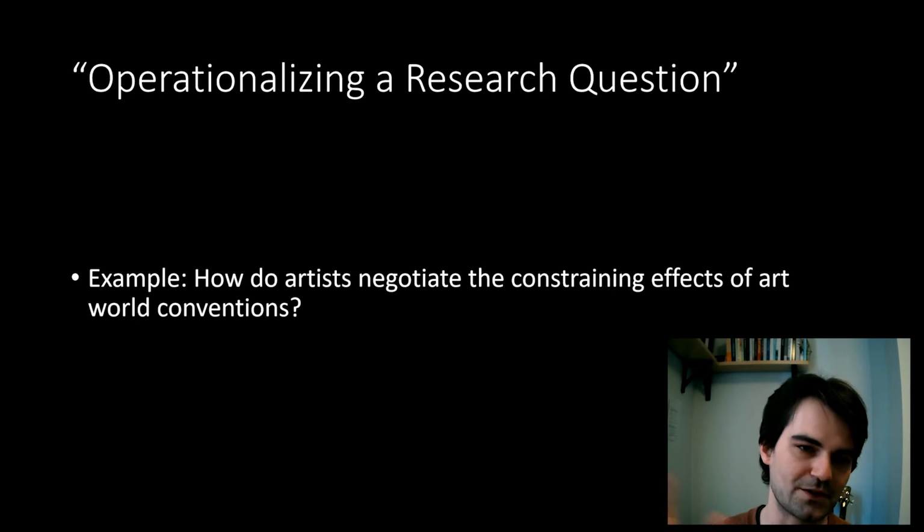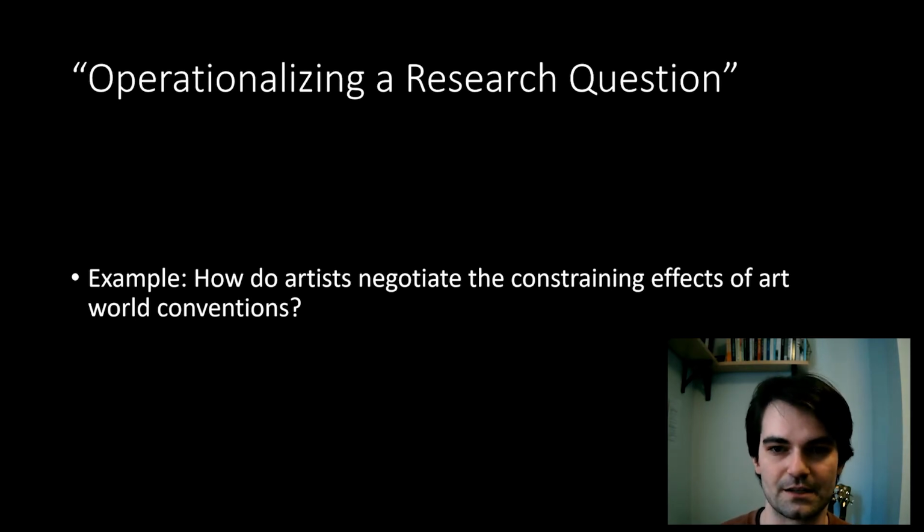So let's imagine we're working with a research question like, how do artists negotiate the constraining effects of art world conventions? This is connected to Becker's theory of art worlds. The question here is, there are conventions in art worlds, and artists need to negotiate that. How do they do it?